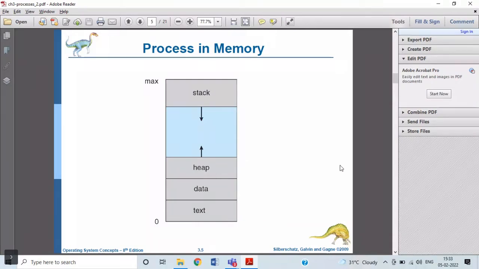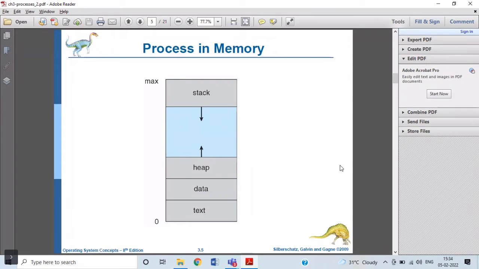The process execution will happen in the dynamic space, that is the heap memory, and the intermediate data will be stored in the stack. The permanent data or local variables will be stored in the data space, and the text will be stored in the text section. Students, are you able to catch this concept?